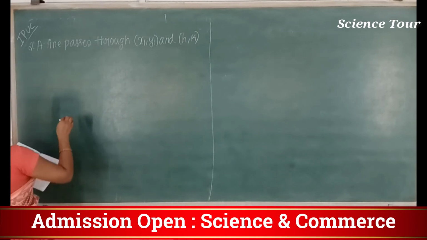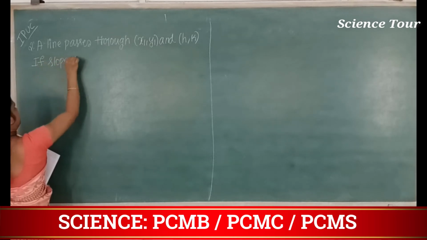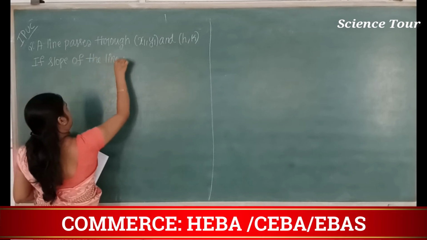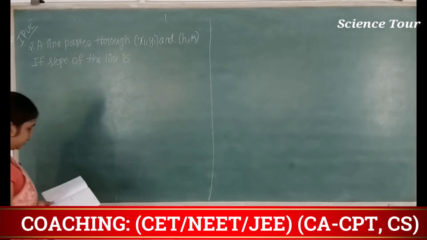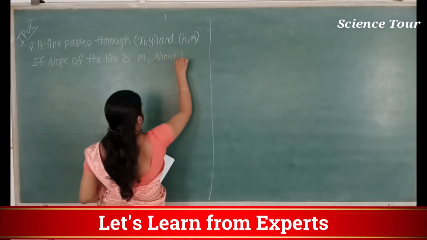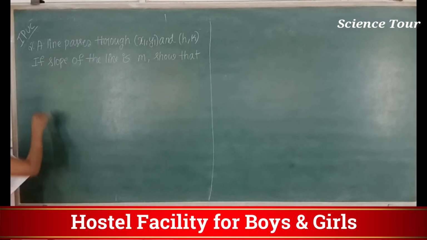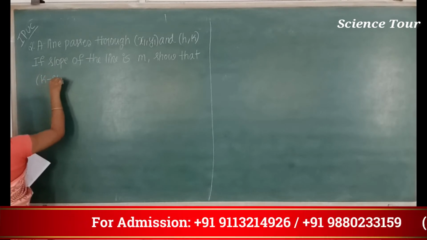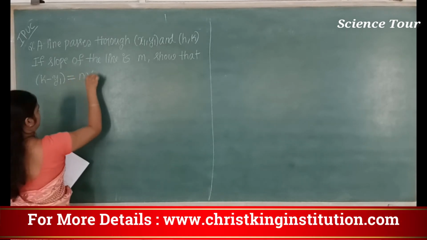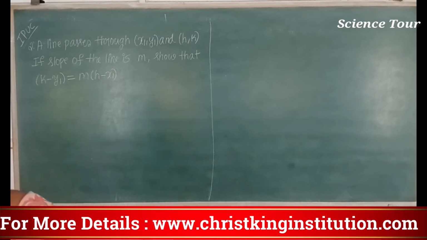If the slope of the line is m, show that k minus y1 is equal to m into h minus x1. This is your question.